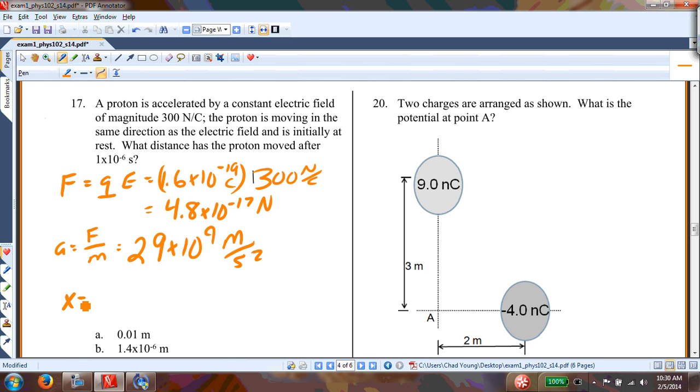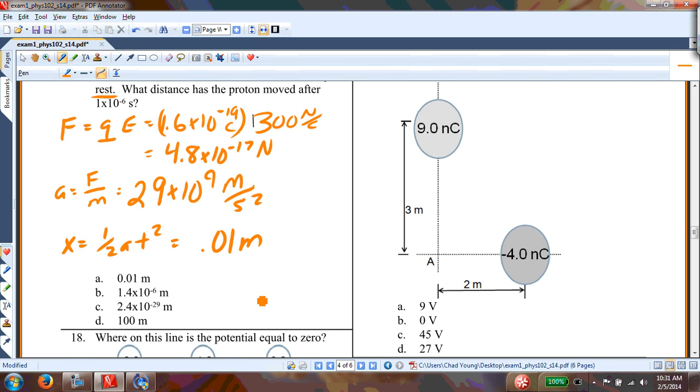Well, I know that x is equal to 1/2 at squared, assuming it's initially at rest, which it says it's initially at rest. So I take that acceleration and multiply it times the time squared times 1/2. I get 0.01 meters. So it moves a centimeter.